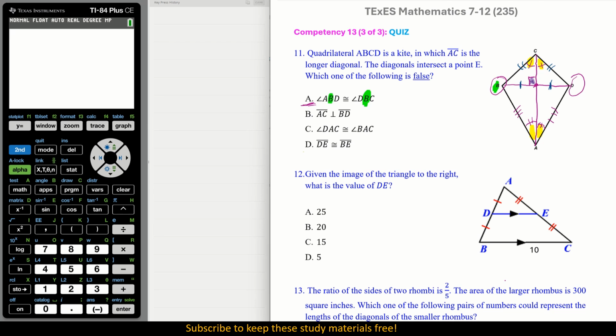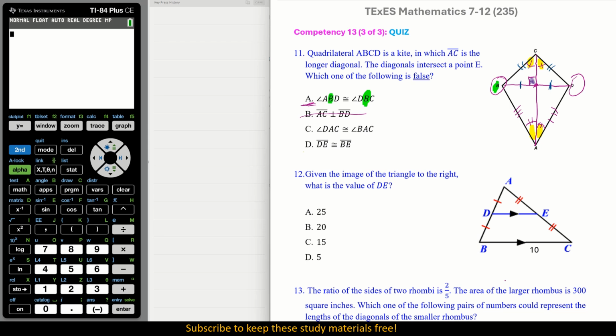Okay. AC, that's the longer diagonal, and BD, well, that's the other diagonal. Well, that's true. If they tell you the shape is called a kite, then you know that you'll have that perpendicular situation. So that's not going to work.